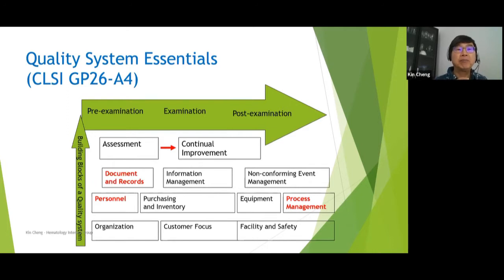So a quality system embraces the pre-analytical phase, or what we call the pre-examination phase, the examination phase, and the post-examination phase. And these 12 building blocks, if you look at it, the bottom level and then the 2 and 3 levels above, represent the plan, do, check, and act until you get to the top, continuous improvement.